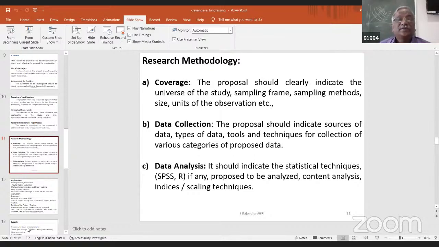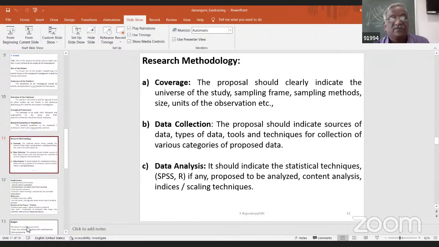Therefore, the research methodology forms an important segment in the proposal, which covers coverage, data collection, data analysis, and analytical framework, etc. Here, what do we mean by coverage?